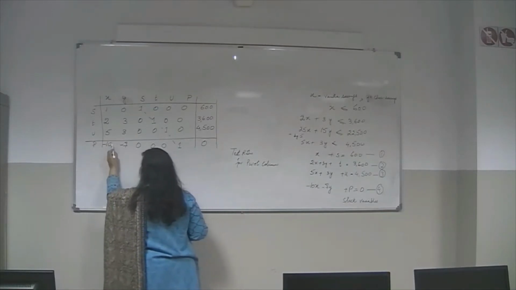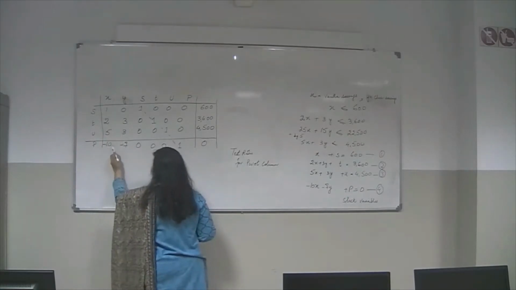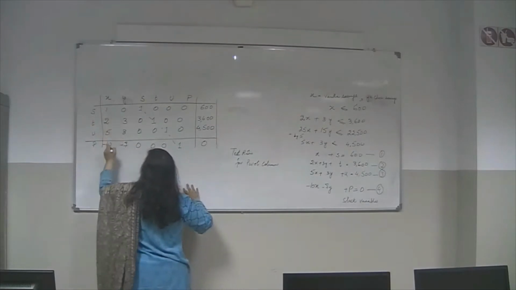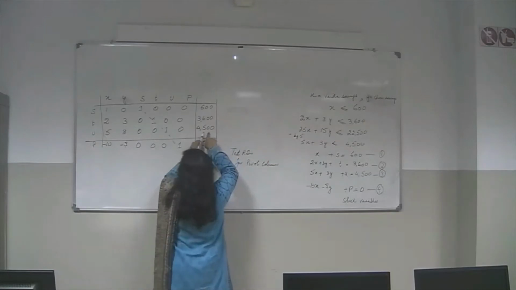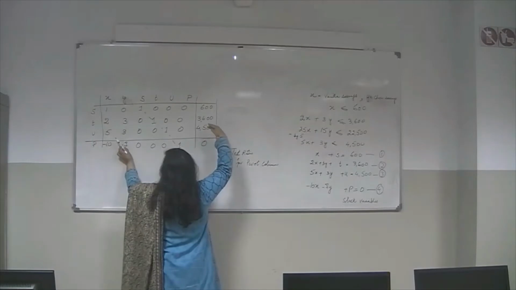So we are going to be considering this column, and we are going to be subtracting the value such that it gives us 0. Performing the operation for this column means that we need to find the test ratio for this column. 4,500 divided by 5 will give you something around 900.